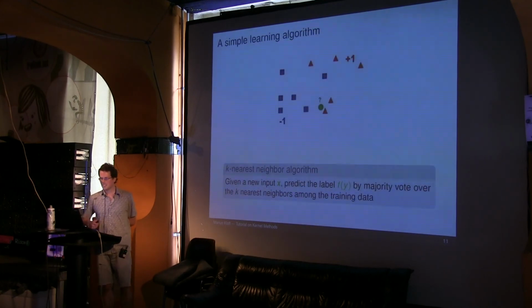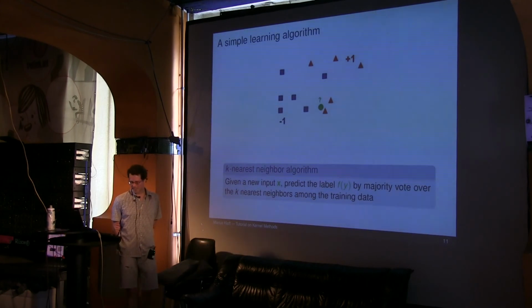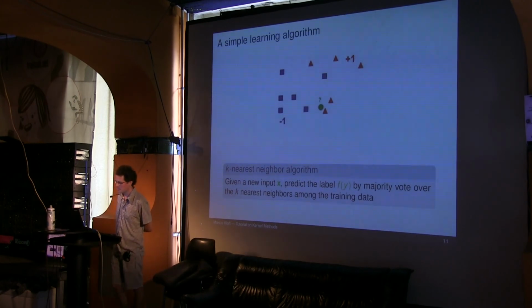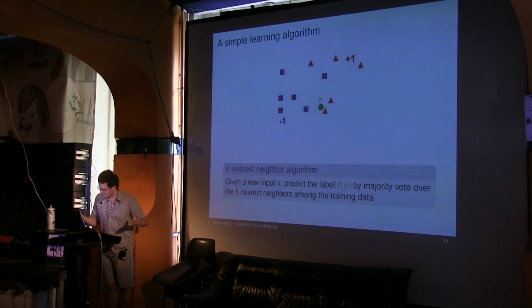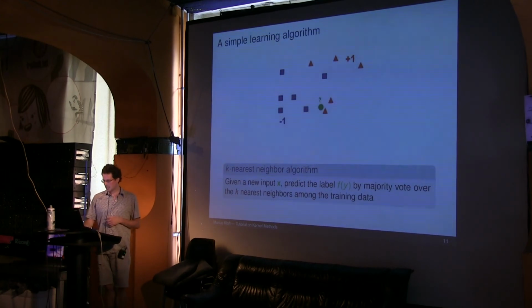So let's say a colleague gives me some data. The first thing I do is I try out this algorithm. If you know nothing about machine learning, this is the first thing you will learn: the k-nearest neighbor algorithm. Given an input, you predict the label f by majority vote over the k nearest neighbors of the training data.